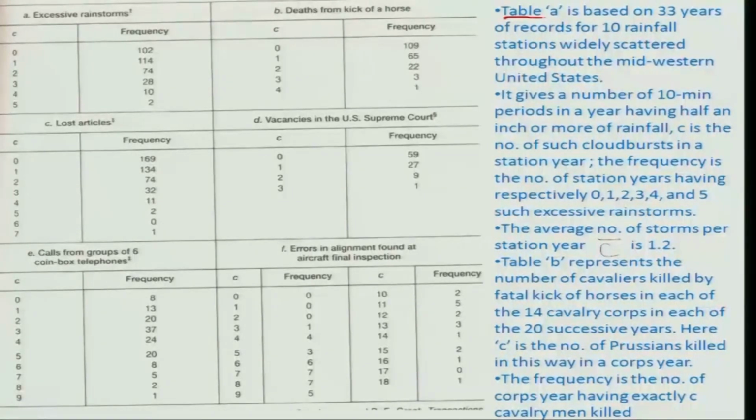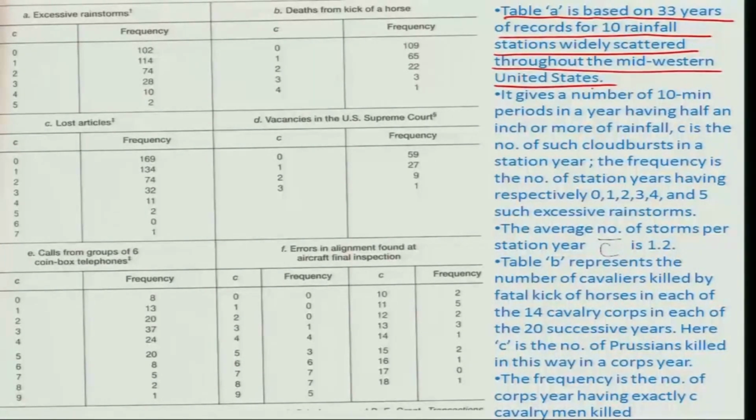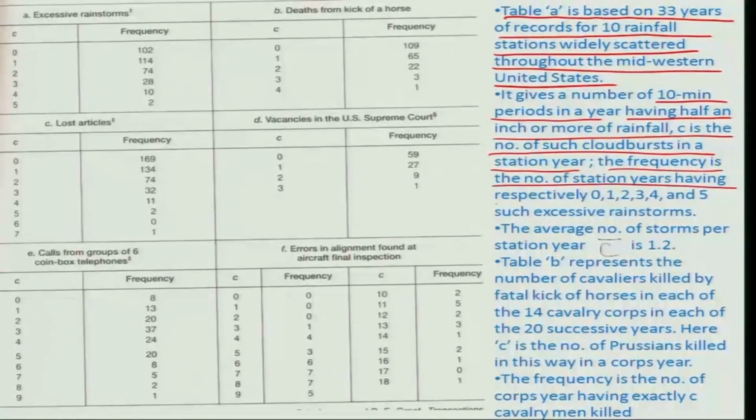And this is widely scattered throughout the Midwestern United States, and it gives a minimum number of 10-minute periods in a year having half an inch or more of rainfall. C is the number of such cloud bursts in a station year, the frequency in years having respectively 0, 1, 2, 3, 4 and 5 such excessive rainstorms.